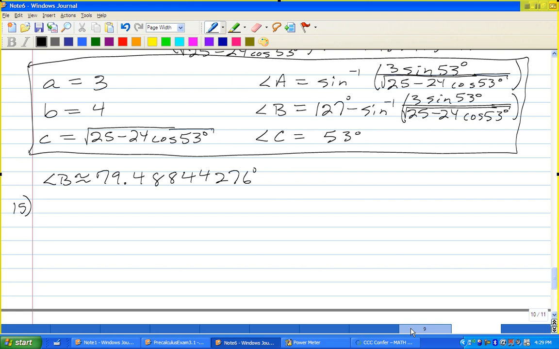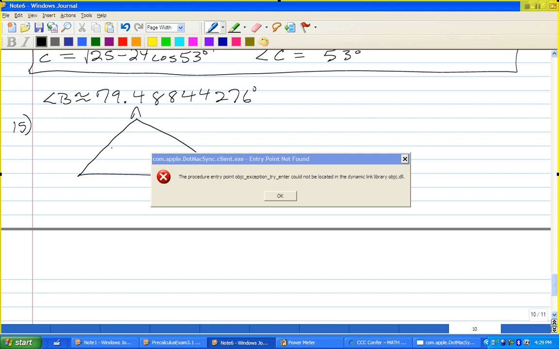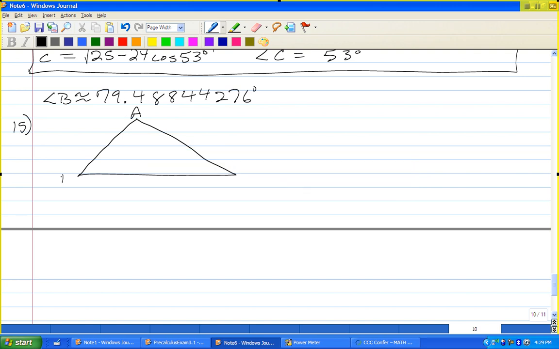Solve the triangle A, B, C. Problem 15. A is 20. B is 25. C is 22. Okay.